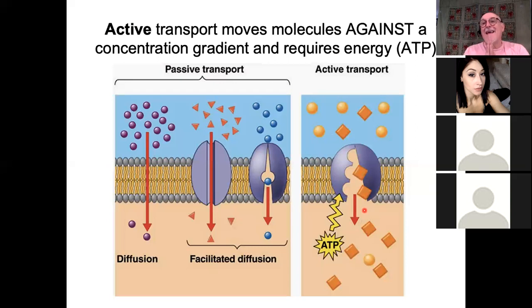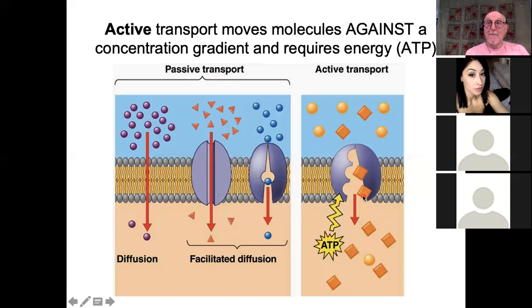This transport may have to take place towards the outside as well. The cell may need, for example, to pump substances out. This is a system called a sodium-potassium pump. You see these circles here? That is potassium. These here, this is sodium.